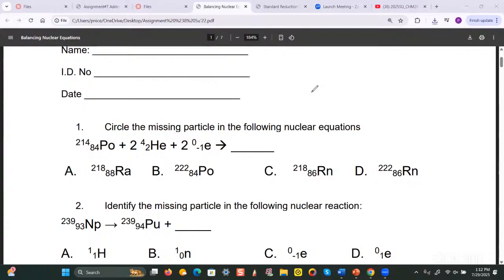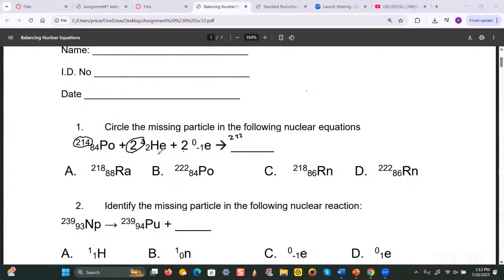So in the case of the first one, we're gonna look at the mass numbers first, right? So we have 214, we have 2 times 4, circle it like this, and then we have 2 times 0. So what's that total? That's 214 plus 8. So that's 222. So whatever the product is, the mass number would be 222, right?